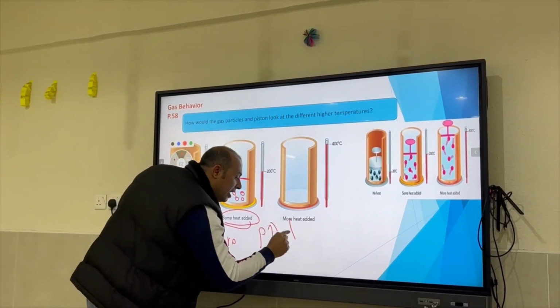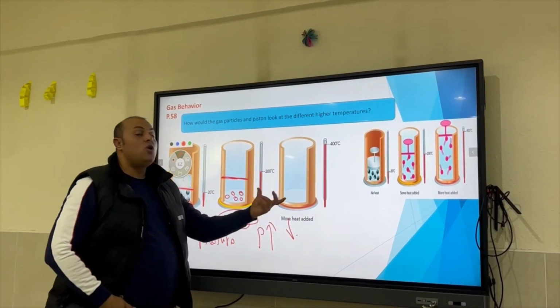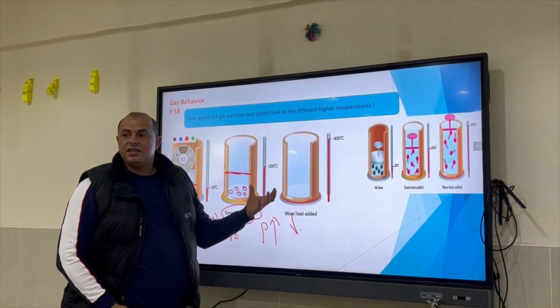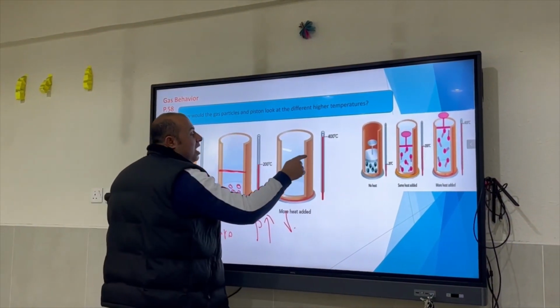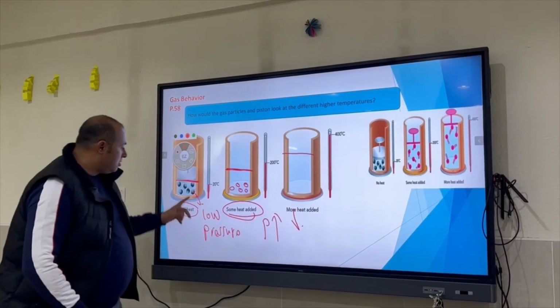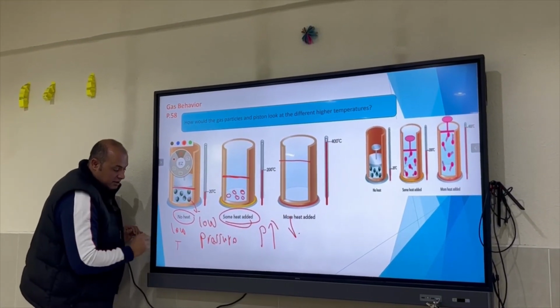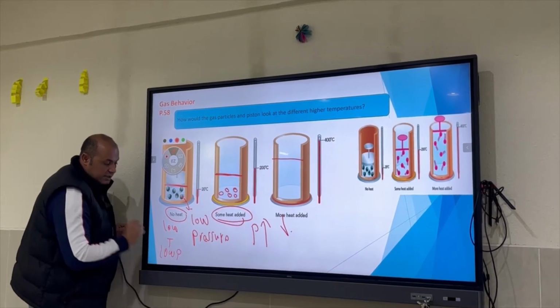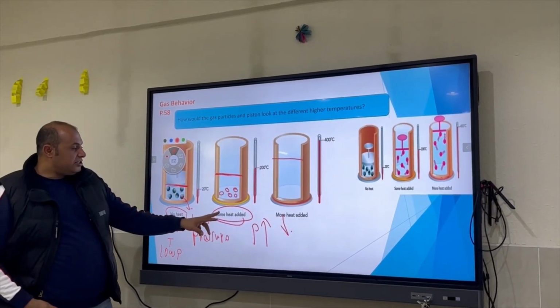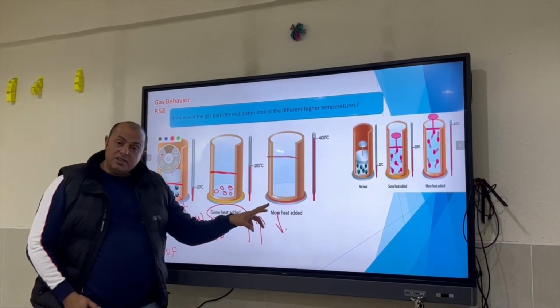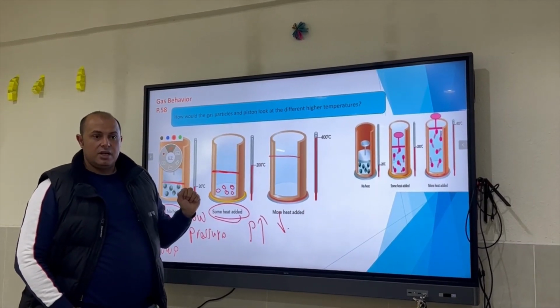If you add more heat, this means more pressure, and more pressure will push the piston up. So look here: low temperature, low pressure. Moderate temperature, moderate pressure. High temperature, high pressure.